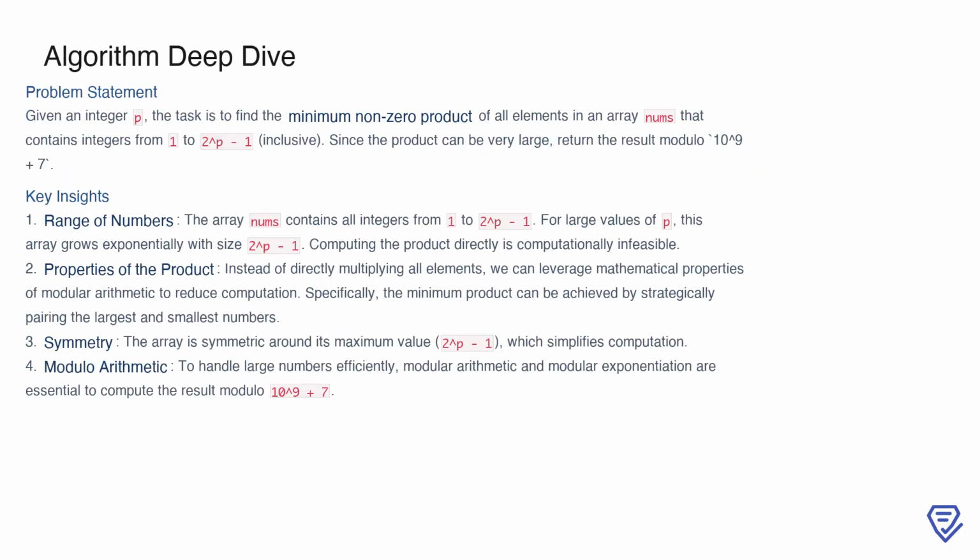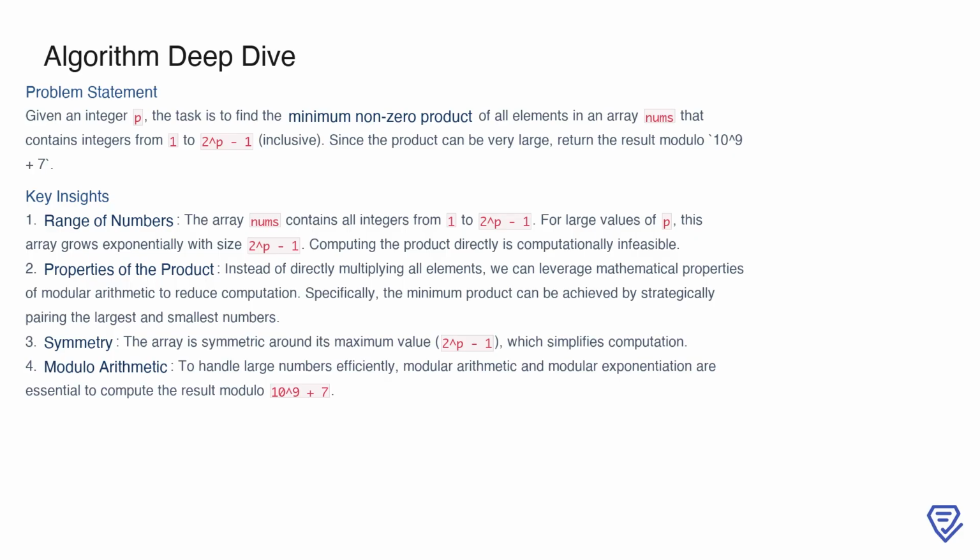The problem asks us to find the minimum non-zero product of all elements in an array nums that contains integers ranging from 1 to 2^p - 1. Since the size of this array grows exponentially with p, directly computing the product is impractical for large values of p. To solve this, we use mathematical properties to simplify the calculations.